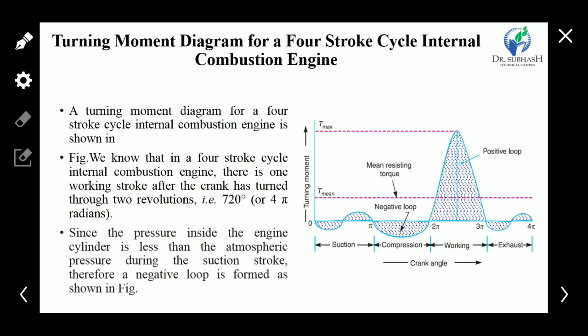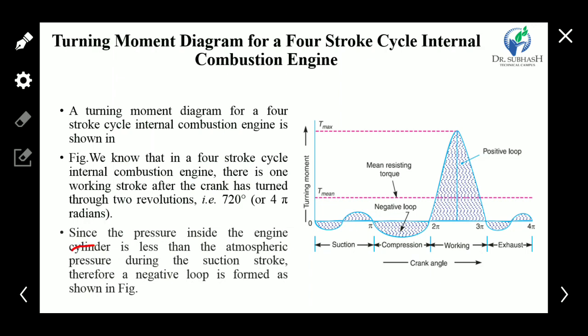Only in one stroke is the power generated. So the crank rotates 720 degrees in only one power stroke. This sentence says that the crank revolves 2 rotations for only one power stroke, power generated in one stroke.